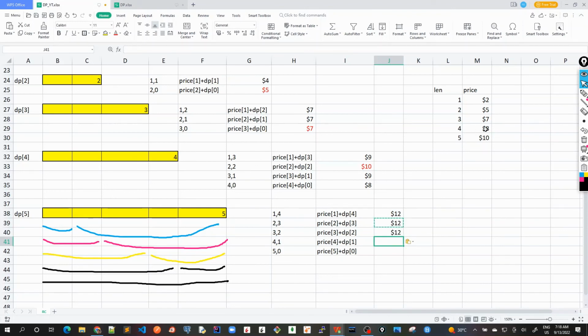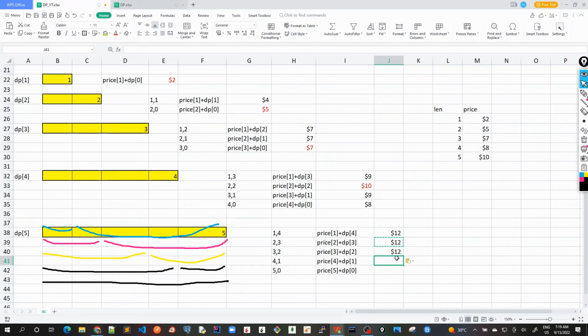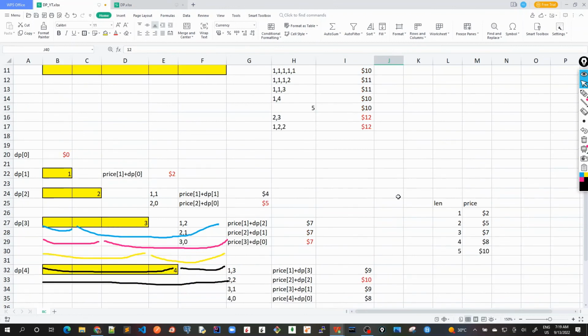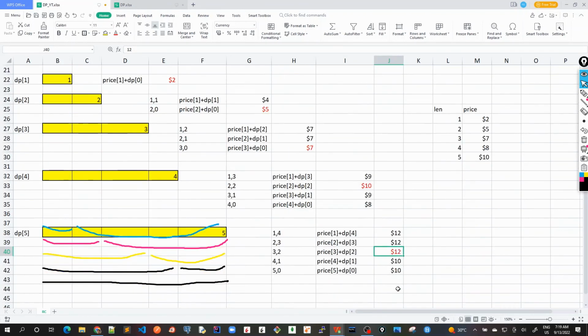Price of 4 is 8 and dp of 1 is 2. Okay, price of 4 is 8 and 2, 10. Okay, then it's 10. And price of 5 itself is 10. So we found that this is the maximum. And this is our solution, which is matching what we did before.